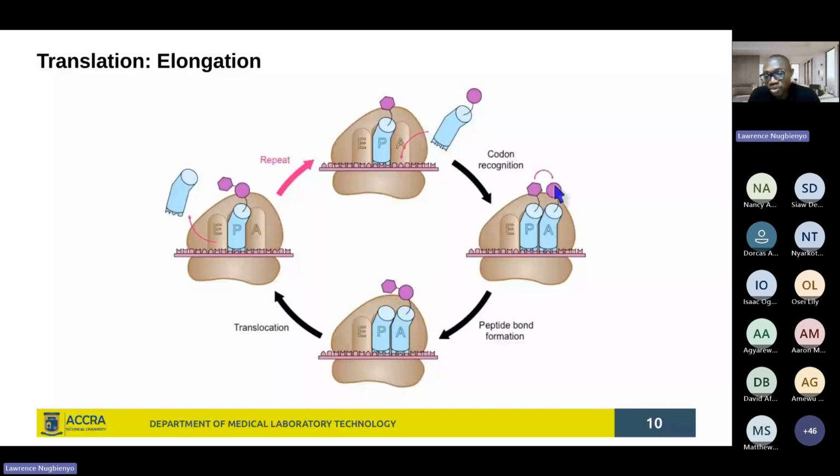So even if a chain is forming, the chain will be moving and joining the next amino acid. So what it means is that the first amino acid which came in will always be the beginning. That methionine will always be the beginning of the peptide chain being formed. And actually, the methionine is what will give you the N-terminus, that is, the end with the amine group of the peptide chain.